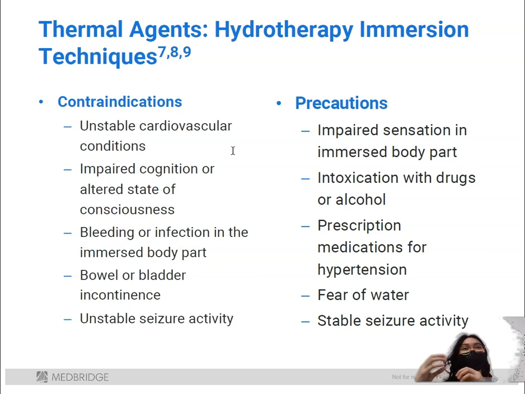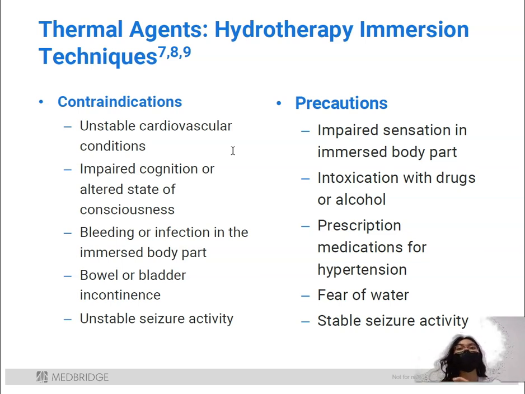But if your cardiovascular system is malfunctioning, pwedeng hindi siya mag-react ng maayos with the exposure to hydrotherapy. So, kaya siya contraindicated. We are expecting na bumaba ang blood pressure niya, pero yun pala mas lalong tumataas because of the unstable cardiovascular condition. So, merong mga ganong cases. So, pagka ganon, they are contraindicated, unfortunately, to the hydrotherapy.